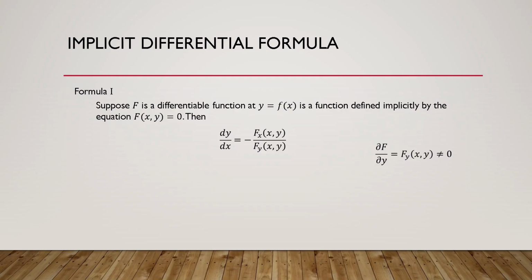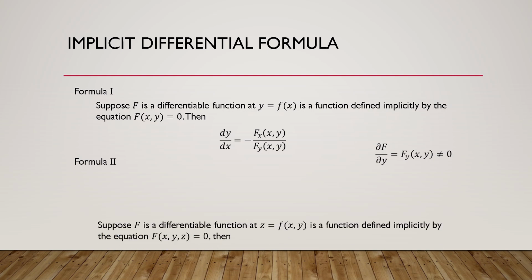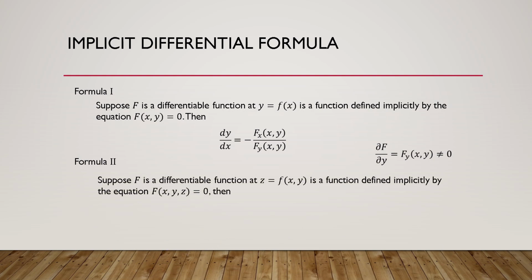For a function with three variables, we use formula 2. Suppose f is a differentiable function and z equals f of xy is a function defined implicitly by the equation f of xyz equals 0. Then the partial derivative dz dx equals the negative partial derivative of f with respect to x of xyz over the partial derivative of f with respect to z of xyz.